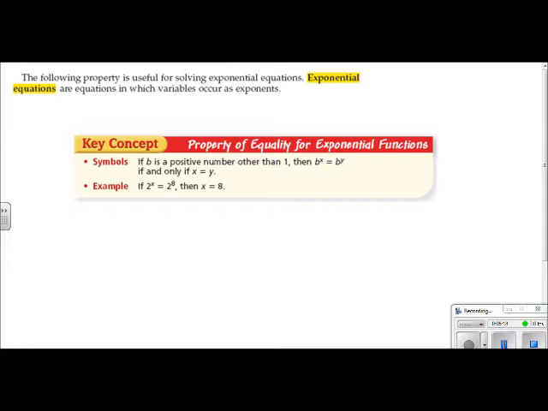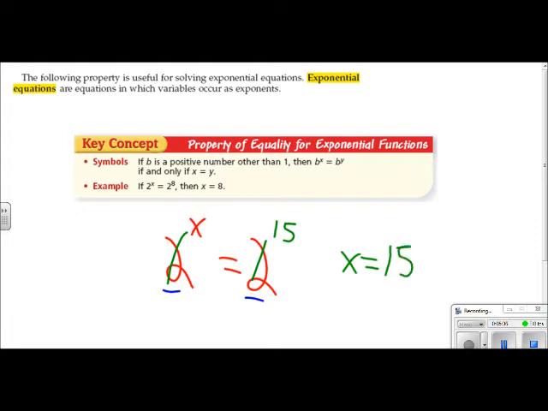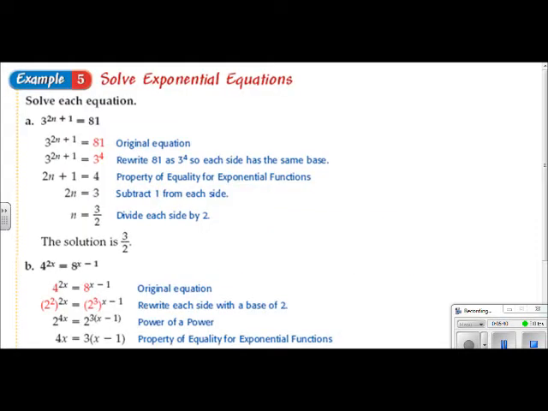So again, one key property to look at is if we have something like 2 to the x equals 2 to the 15. Notice how in these cases it's the same base, 2 and 2. Well, it's the same base, so we can essentially just cross those out, so x has to be 15. That'll be a helpful property when we're looking at some of these.